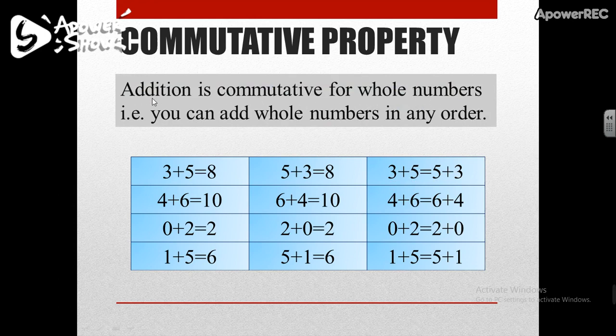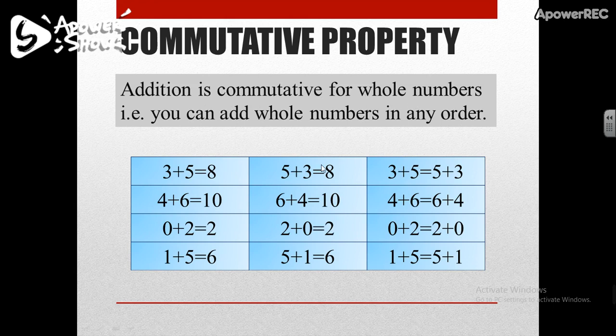Again I am repeating, addition is commutative for whole numbers. Why? Because we can add whole numbers in any order. Either you add 3 plus 5 or you add 5 plus 3, the result will always remain equal. That means addition is always commutative for whole numbers.